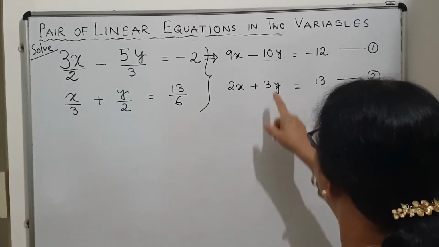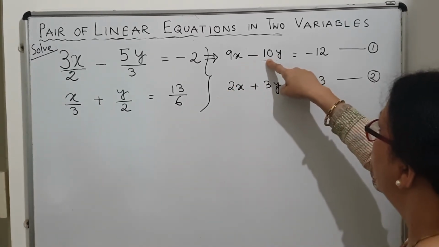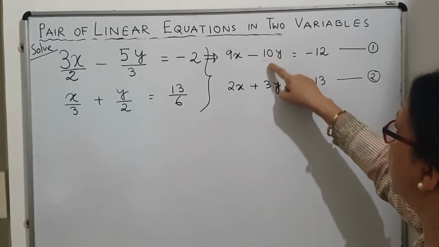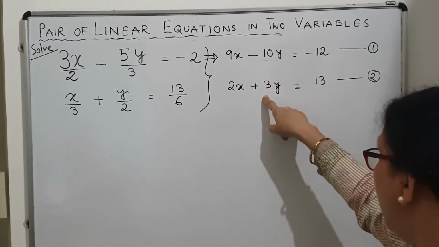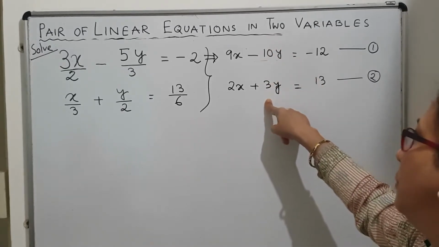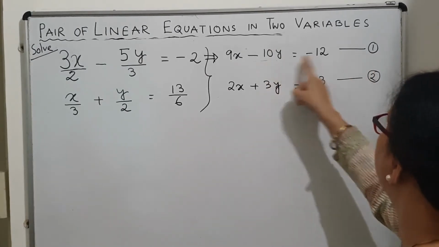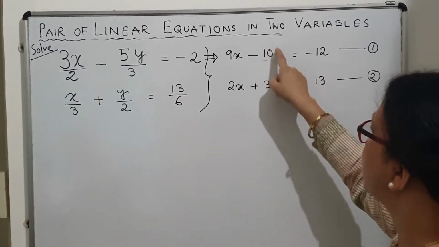Then we have to look at the LCM of the coefficients, 10 here and 3 here. So LCM of 10 and 3 is 30. So the common coefficient has to be 30. With what do I have to multiply equation 1 so that this becomes 30?